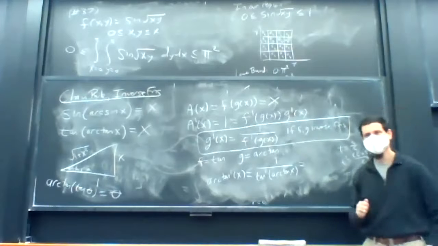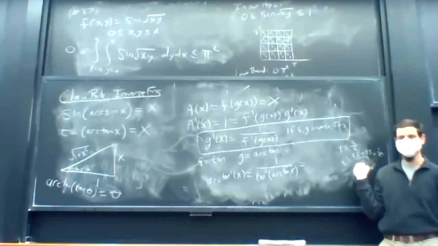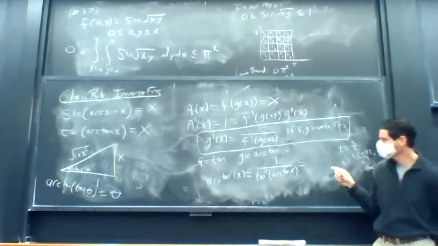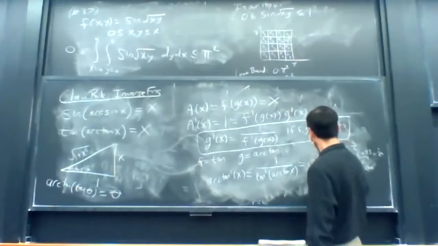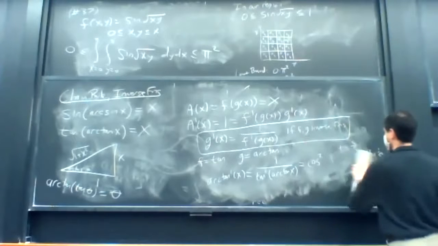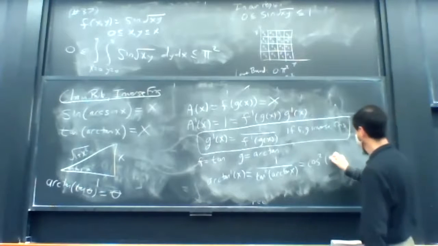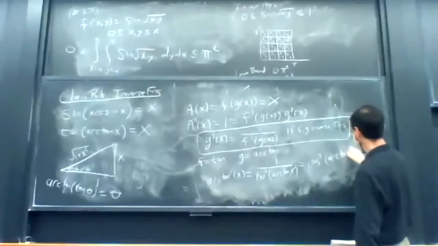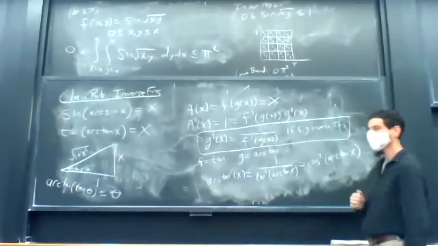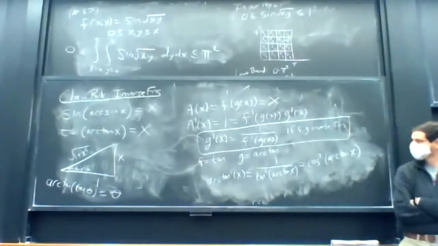You are correct. So the derivative of tangent is secant squared. But secant is 1 over cosine. So this is just cosine squared of arctangent of x. So we have a formula for the derivative of arctangent of x. It's the cosine squared of arctangent of x.